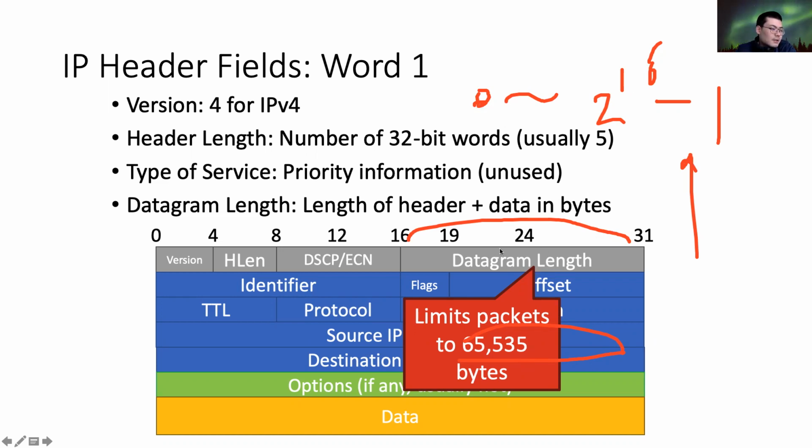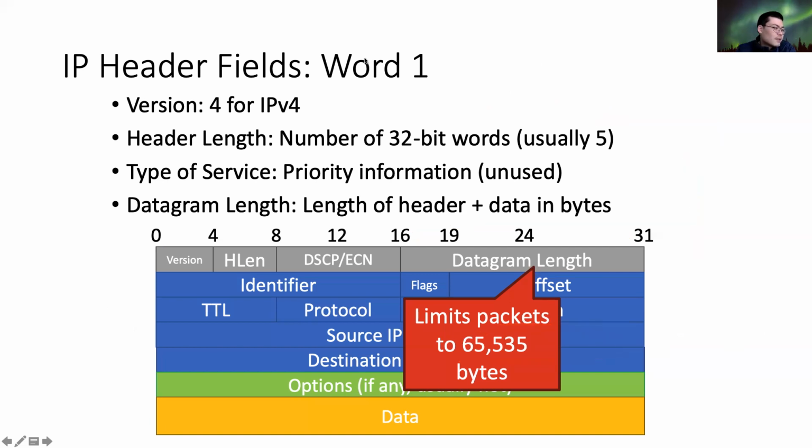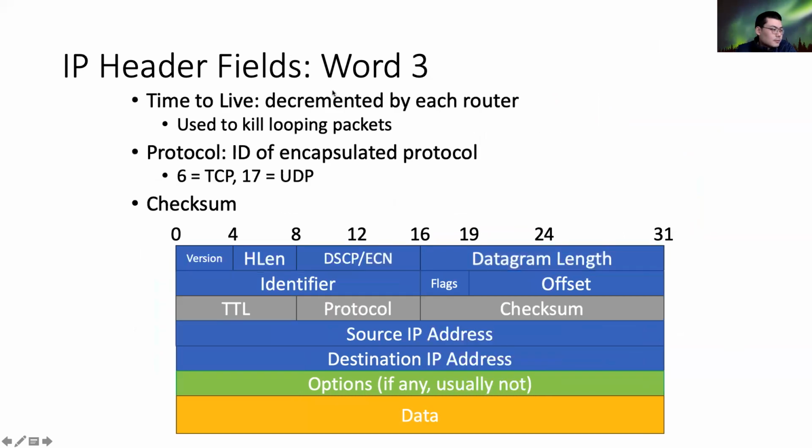So this also puts a limit on how large the whole packet can go. Usually, you will not send it as large as this number. So this is more than enough, because we have the MTU, if you remember, right? MTU is much smaller than this. MTU is a data link layer thing, the maximum transmission unit.